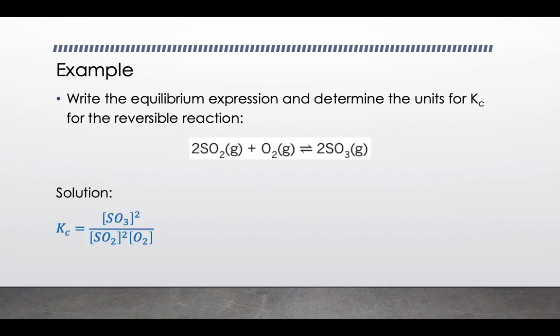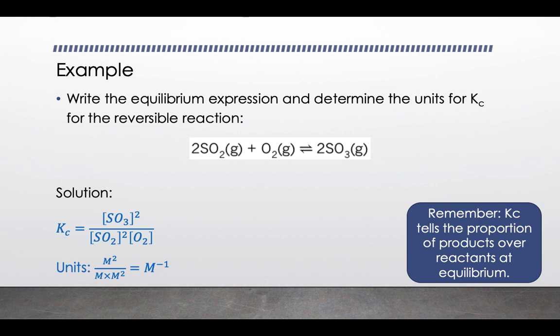So Kc in this case would be written like this. And what is the unit? You substitute the unit of each component in the Kc expression to calculate the overall unit. In this case, there is one M at the bottom that wasn't cancelled out. Therefore, Kc has a unit of M to the power of -1.